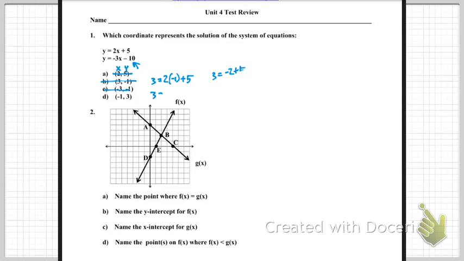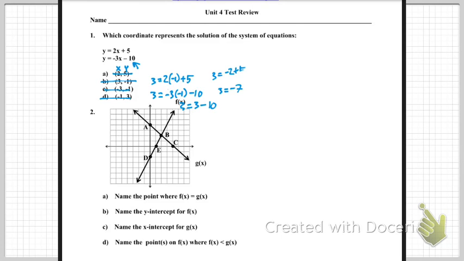So I get 3 equals negative 3 times negative 1 minus 10. Negative 3 times negative 1 would be positive 3. 3 minus 10 would be negative 7. 3 does not equal negative 7, so it is not true for the last one either.